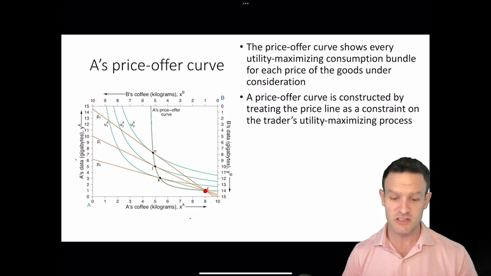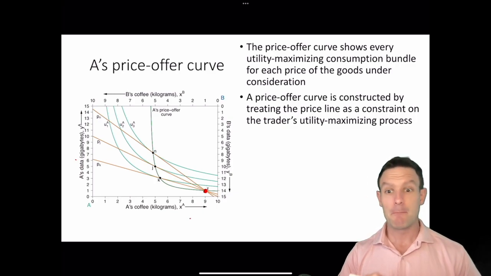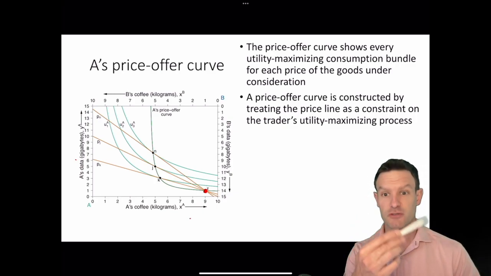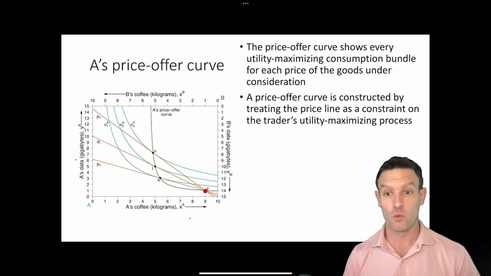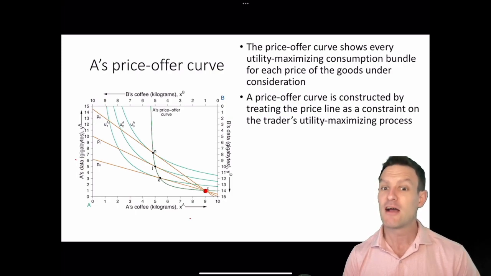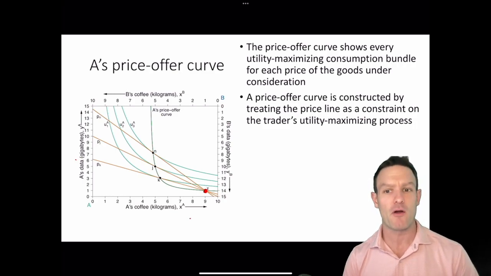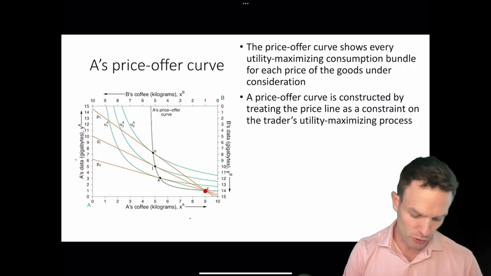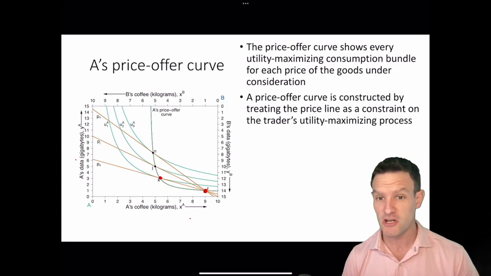So we can construct a price offer curve by positing a set of different prices, then finding the utility maximizing allocation that would be chosen by the person for that price. And how do we find that? We find that by setting MRS equal to MRT. Notice what is happening here. The price line is giving us a marginal rate of transformation.